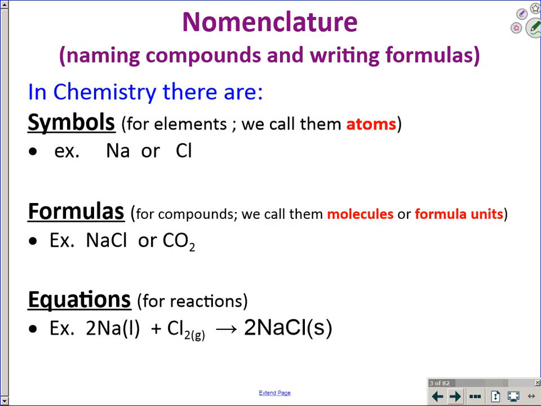Okay, so like I said, we have symbols, we have chemical formulas, and then we'll have chemical names and equations eventually. When we have symbols, where do we get these symbols from? The periodic table of elements, right? So what's that first symbol for? Sodium, and this one's for chlorine. We have to be familiar enough with our symbols so that when I give you a symbol like W, you know it's tungsten.